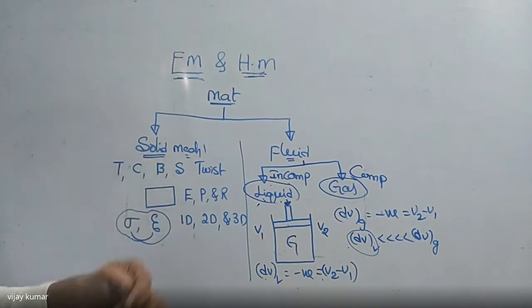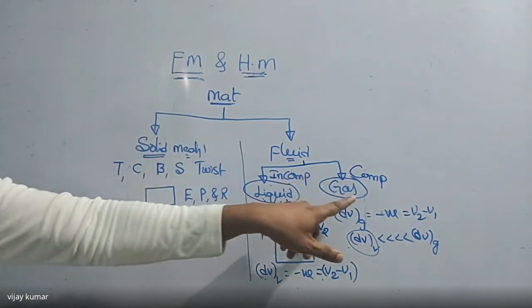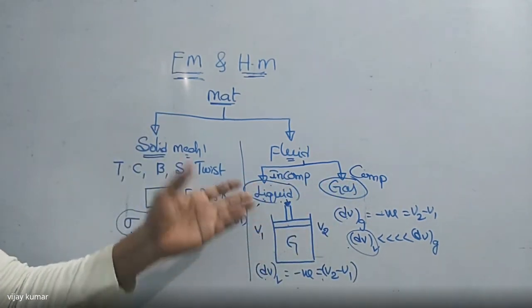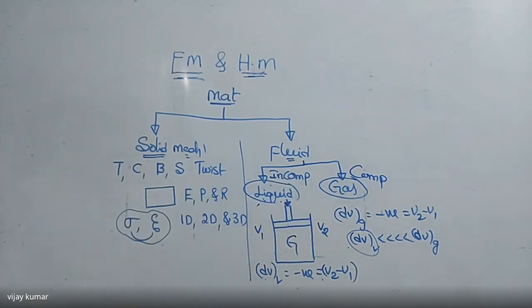What is the difference between liquids and gases? The density change in liquids is very, very less, and the density change in gases is more when compared to liquids. So I can compare these two fluids in two terms: one in the form of volume, and one in the form of density.